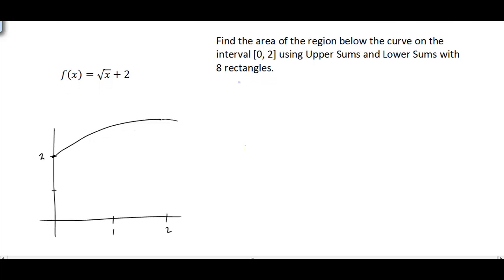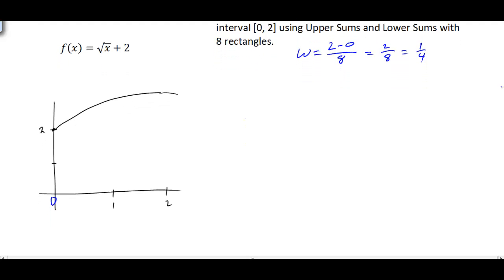If we're using 8 rectangles, then the width is going to be the total length, which would be 2 minus 0 divided by the number of rectangles, 8, which is 2/8 or simply 1/4. So we could mark off from 0 to 2, we need to divide this into 1/4.